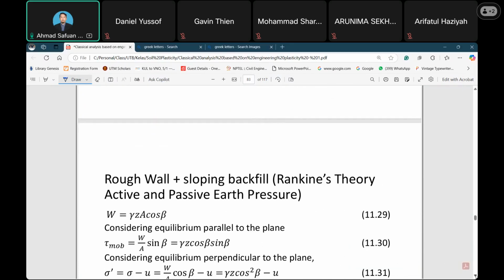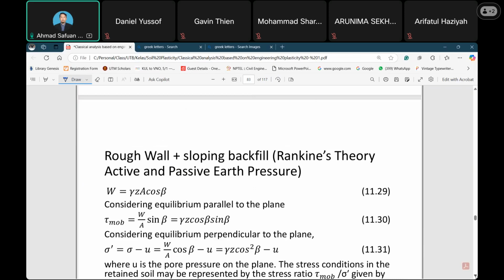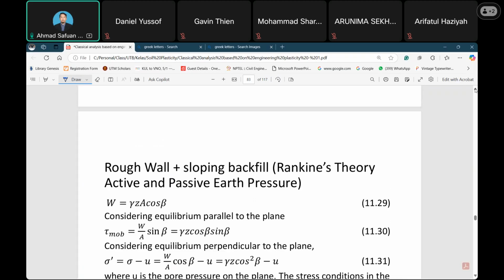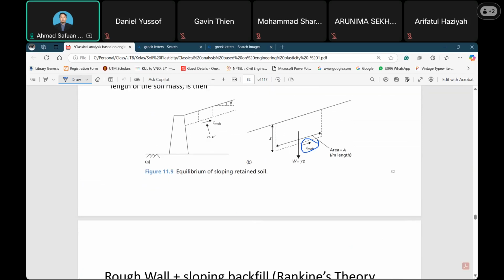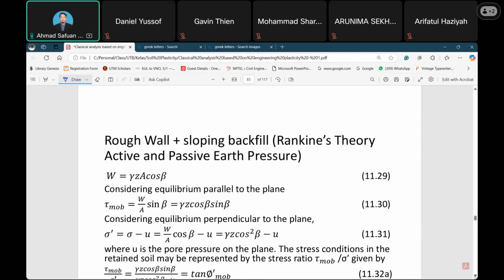So gamma Z is the area, based on per meter length, so beta, parallel to the plane. So then the tau mob can be seen on this diagram. The tau mob is equal to W over A sine beta. Then we include the W inside the equation here. Later on, it becomes gamma Z cos beta sine beta.